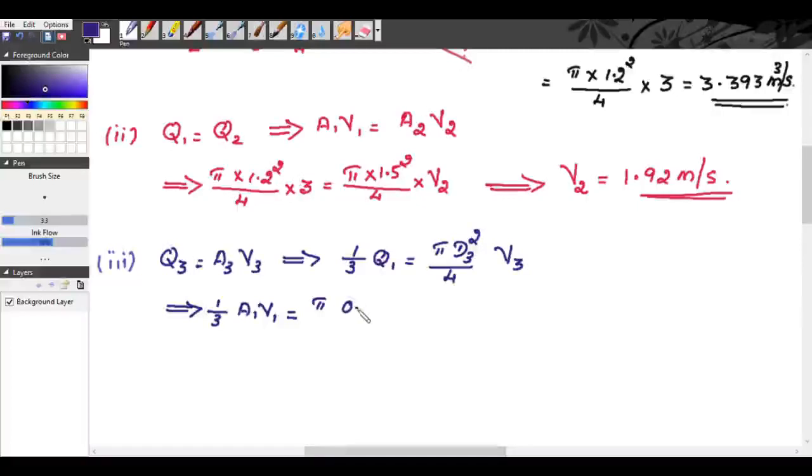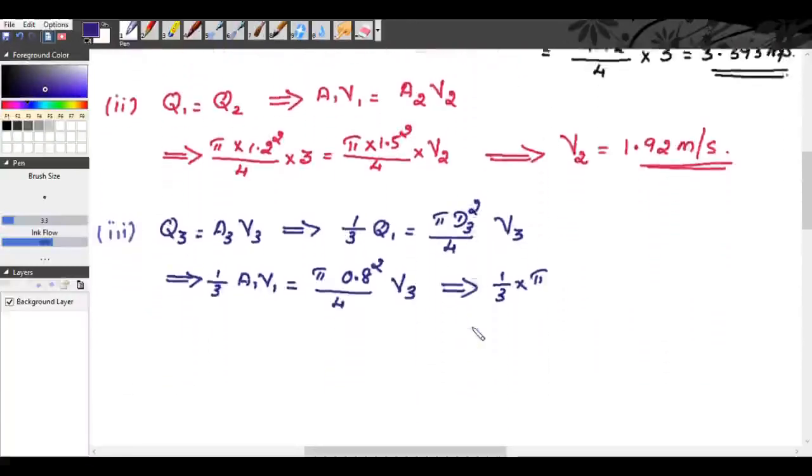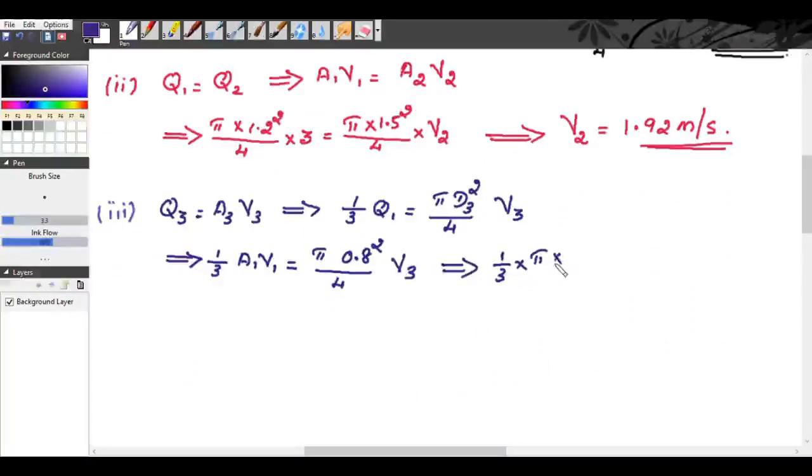So pi into 0.8 square divided by 4 into V3 equals 1 by 3 into A1. A1 is pi D1 square, D1 is 1.2 meter, so 1.2 square by 4, this is area 1, into V1.